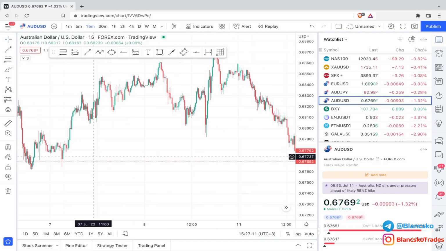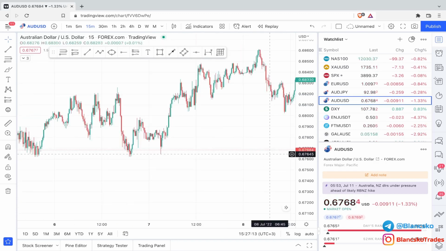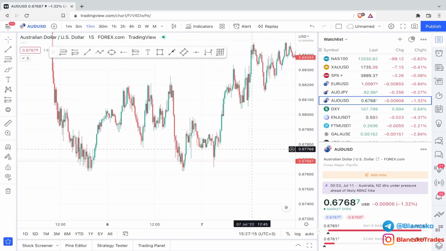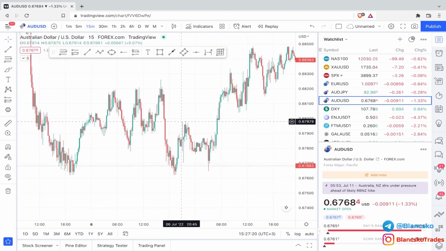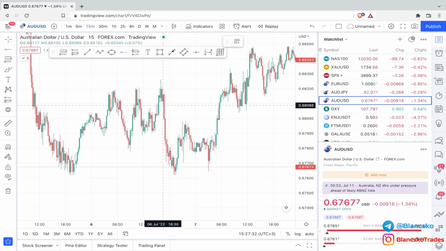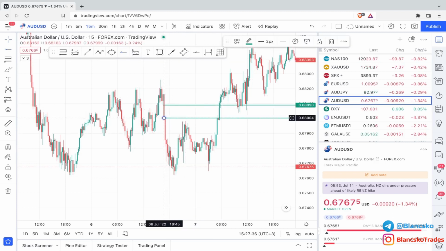Now let's look at this first sell example. Where can we spot the imbalance? The imbalance occurs when this wick right here from the first candle before the large move to the downside doesn't touch the third candle. As you can see, it's a very big gap from this wick right here till this wick right here from this third candle.